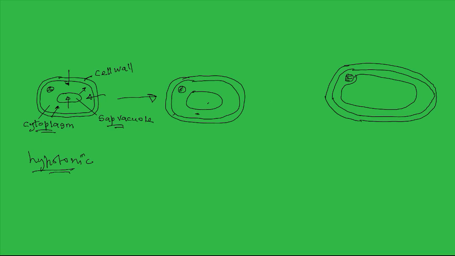This opposite and equal force exerted by the cell wall is known as the wall pressure. So as the turgor pressure increases, the wall pressure also increases, because turgor pressure pressing against the cell wall is what creates the opposite wall pressure.